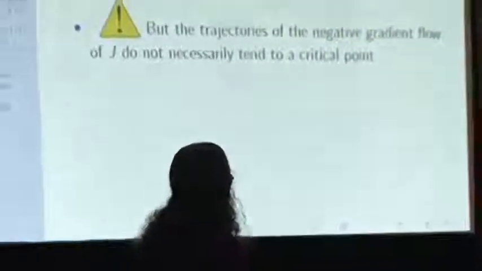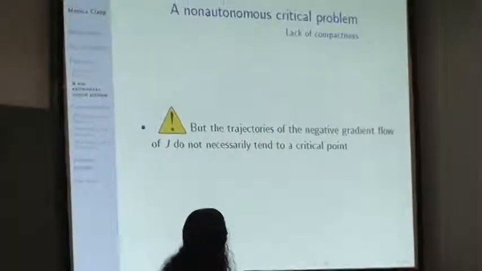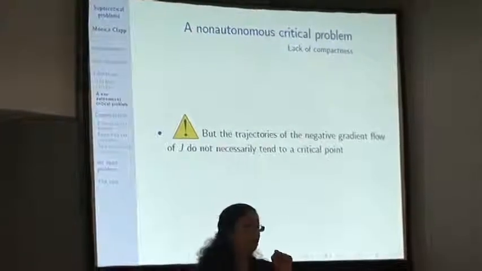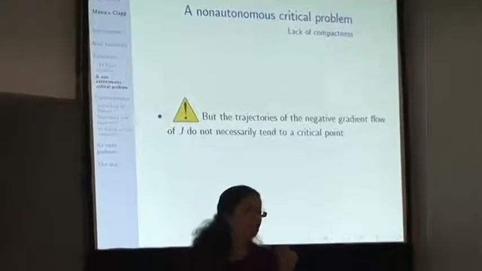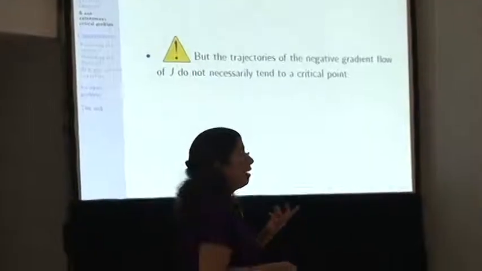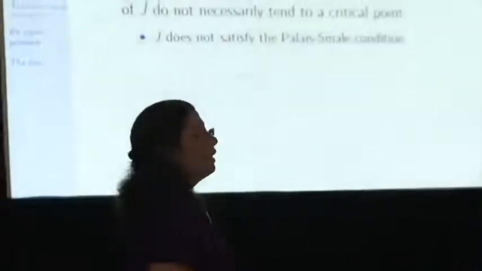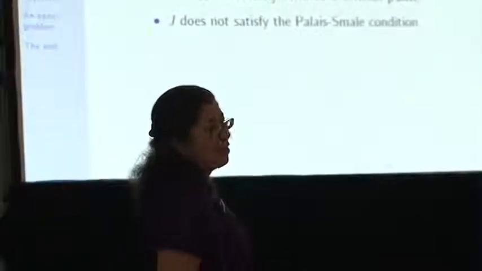And in particular, in the case of the critical Sobolev exponent, the trajectories of the negative gradient flow do not necessarily take you to a critical point. So that's what makes the problem hard and interesting also from the variational point of view. Technically, one says that it does not satisfy the Palais-Smale condition.